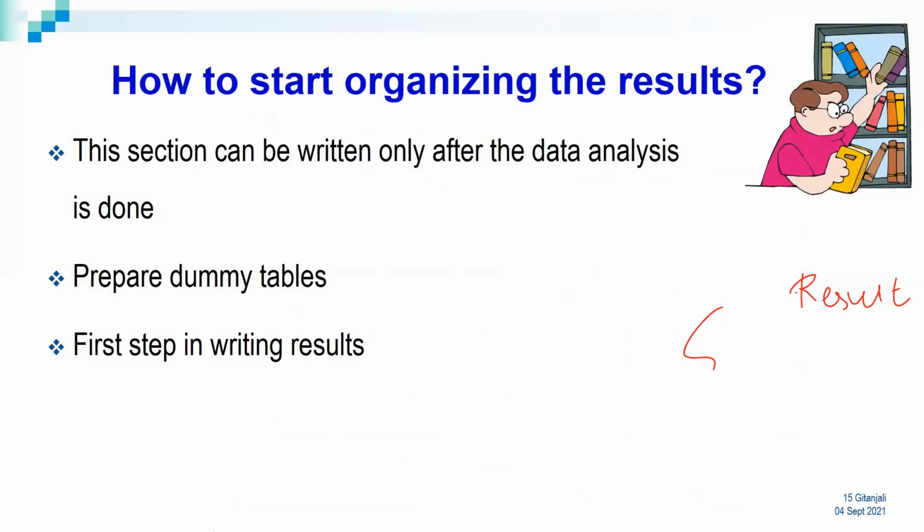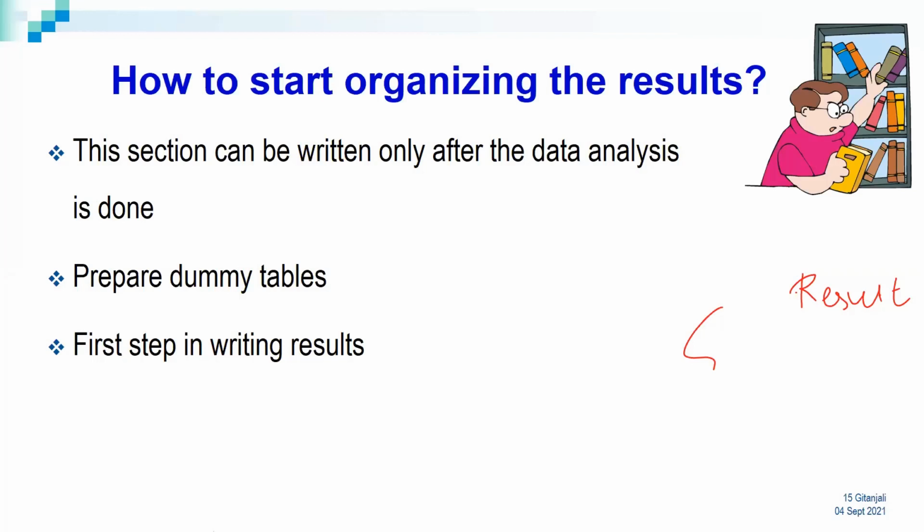When you want to start organizing the results, one of the things you can do is prepare what are called dummy tables. Because the results section can be written only after the data analysis is done. It is not something you can write before, because you don't know what you are finding, isn't it? So you can't tell your student to start writing the results before completing data collection or data analysis.